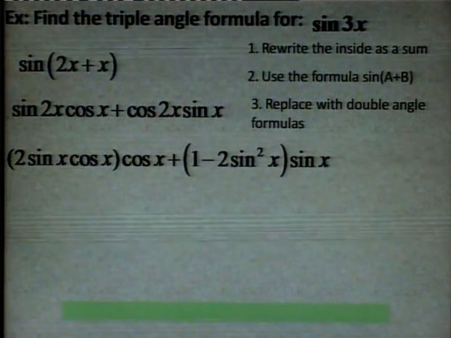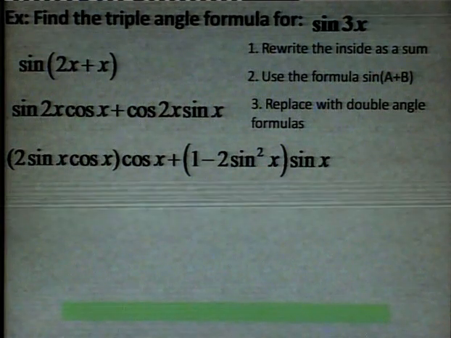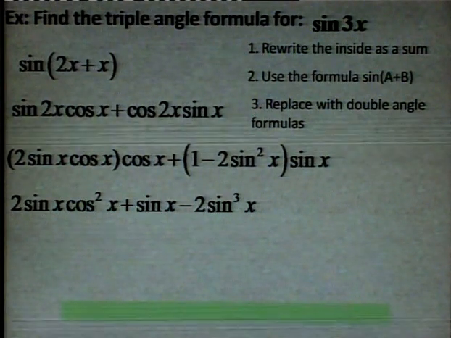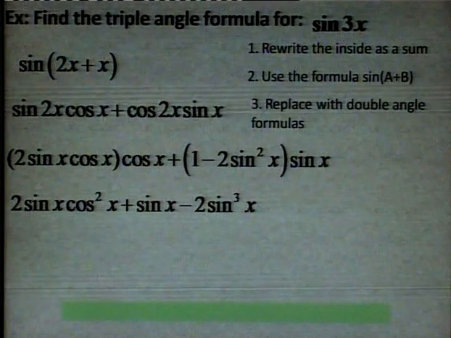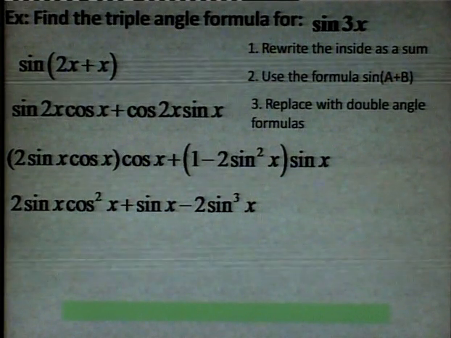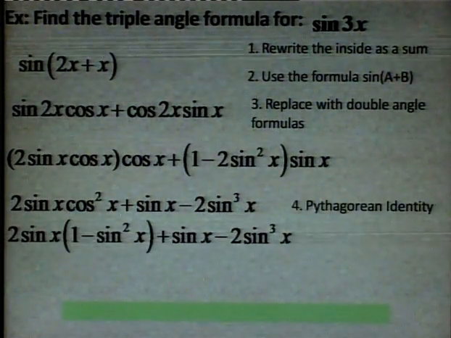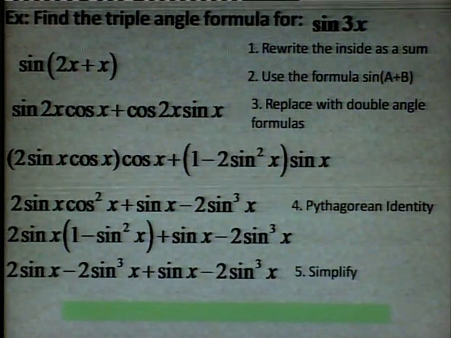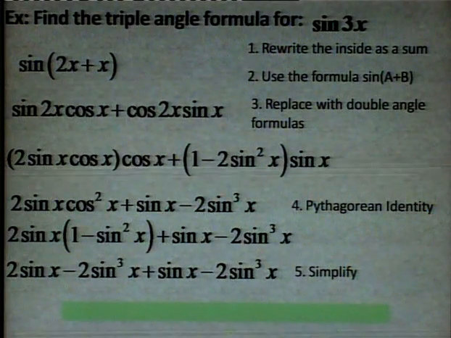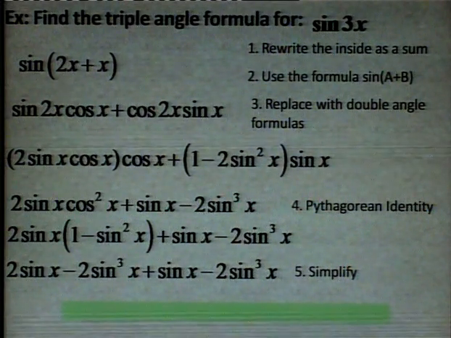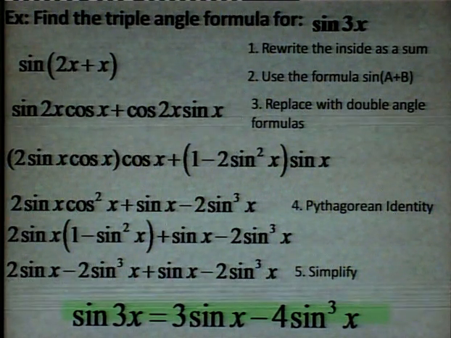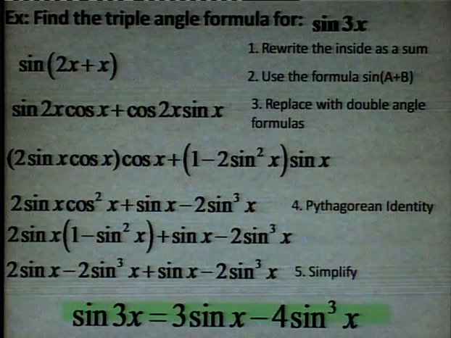Why? Because I want everything in terms of sin, and just simplify it, that is 2 sin x into cos square x plus sin x minus 2 sin cube x, and cos square x I will write as, let us say, 1 minus sin square x, and I simply simplify, that becomes ultimately 2 sin x minus 2 sin cube x plus sin x minus 2 sin cube x, and finally I get sin 3x is equal to 3 sin x minus 4 sin cube x.